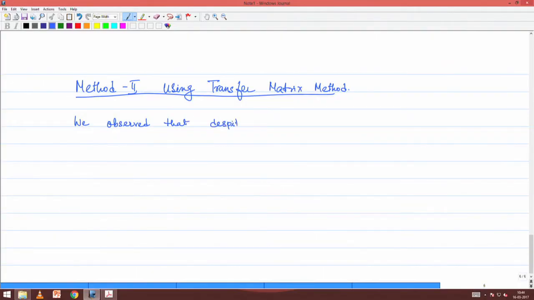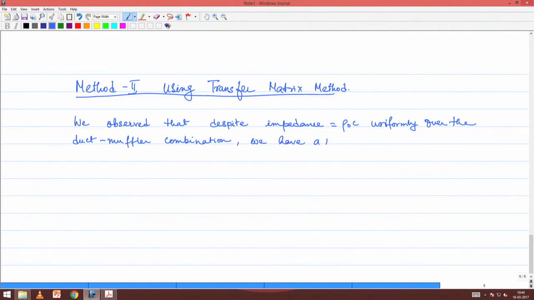Okay. So, we observed that despite impedance equal to rho naught C uniformly over the duct muffler combination, we have a reflection and transmission. Okay.